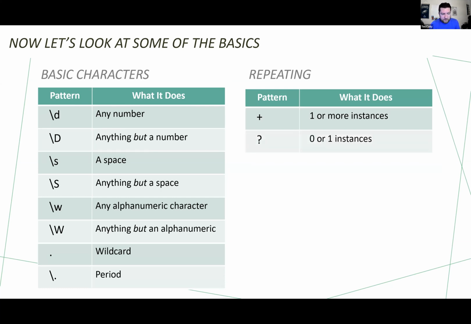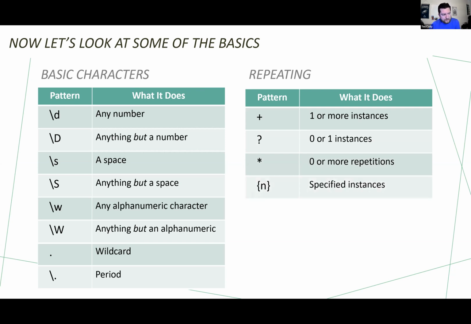If we were to throw a question mark in there, we would be saying, hey, I know an alphanumeric character does or doesn't exist. If it does, there'll only be one instance of it. And the asterisk is going to give us zero or more repetitions, very similar to the plus.